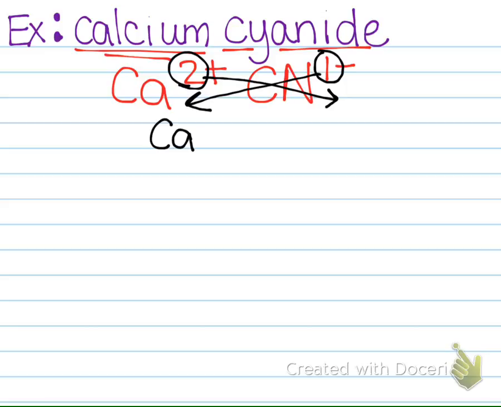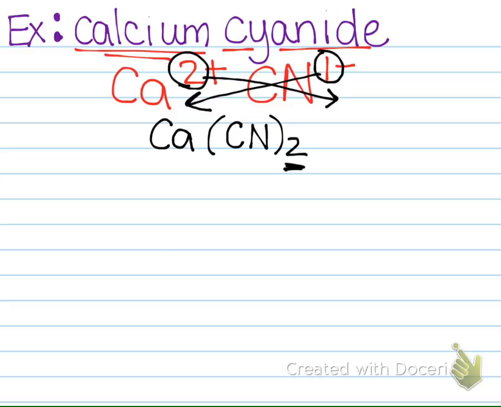Anytime you are crossing a number to a polyatomic that is larger than a 1, you need to put parentheses around your polyatomic. So, this would be parentheses CN 2. We do that for 2 reasons. One, so that this 2 distributes to both the carbon and the nitrogen.